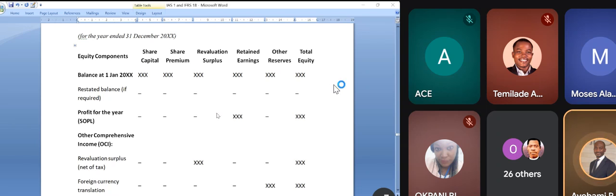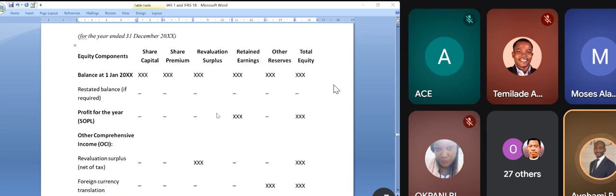Okay. So now, for others that may not have asked a question, let me just recap everything together. The statement of changes in equity measures the changes from the beginning to the end of a financial period, and I said usually, all things being equal, what will form the headline of your statement of changes in equity are always what you have under the equity section of the statement of financial position.